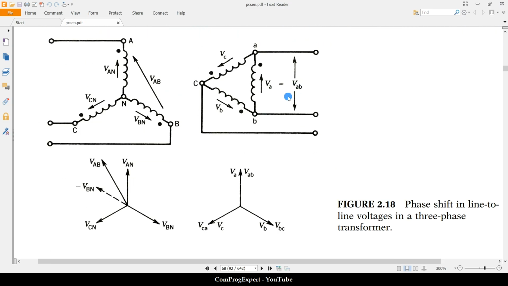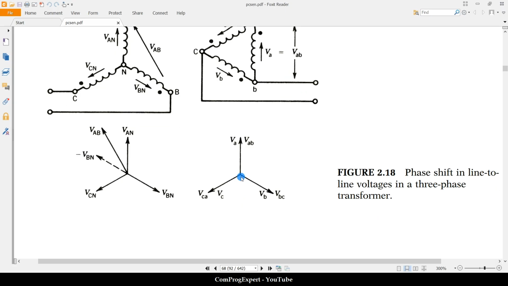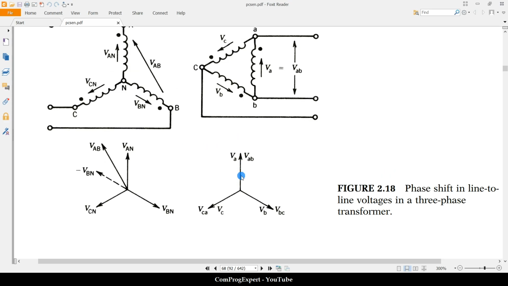And here you can see the value of the VAB, the line-to-line voltage for the secondary side, is equal to VA, the phase voltage. So this is VA for the secondary side, and we have VAB here, the same phasor. What is the phase difference between the line-to-line voltage of the primary and secondary? It is 30. This is different from a single phase transformer.